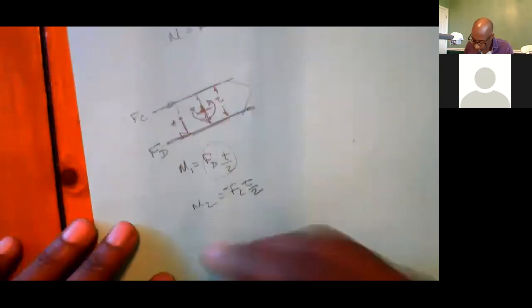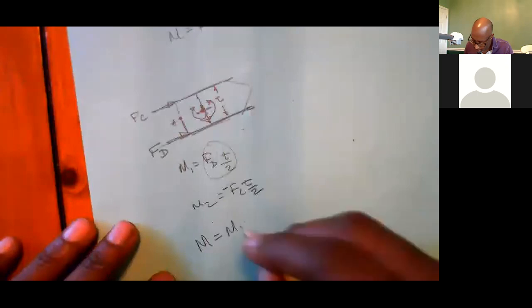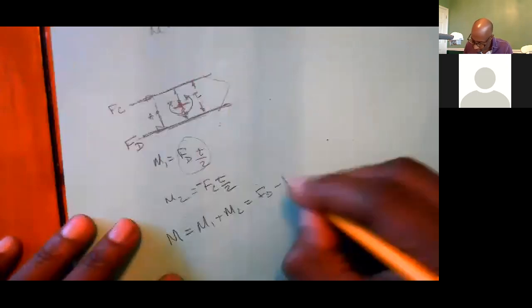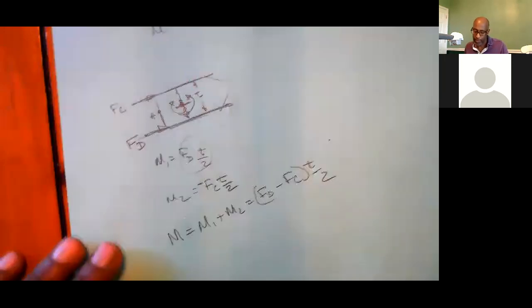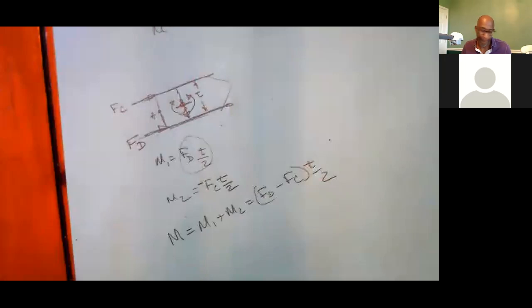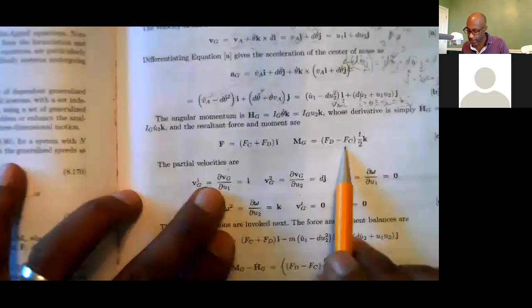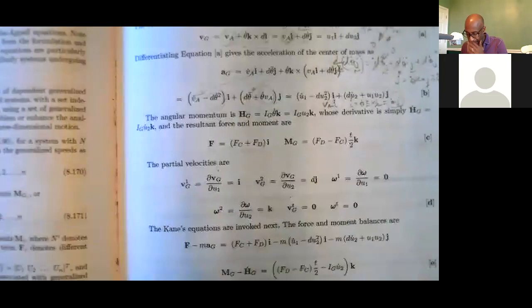So both moments together equal FD minus FC times T over 2. Okay. And K, because the moments are about an axis out of the page. That's where this comes from. Okay, I see.